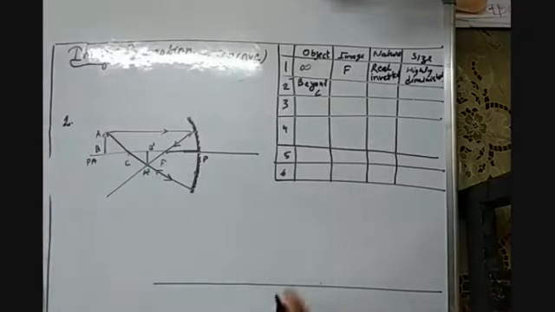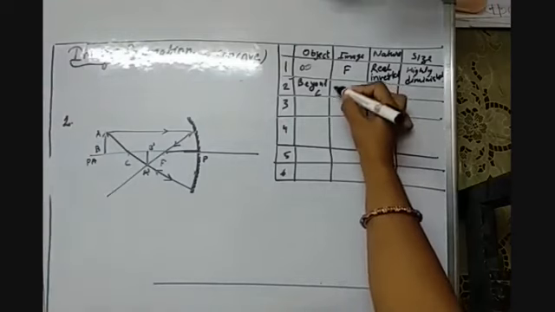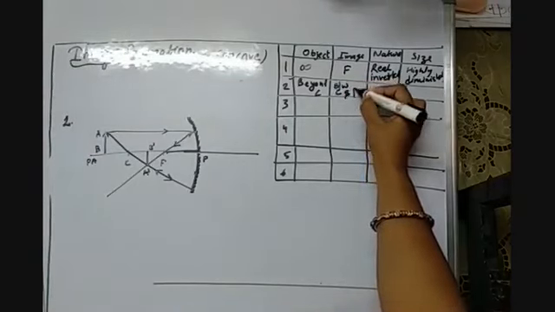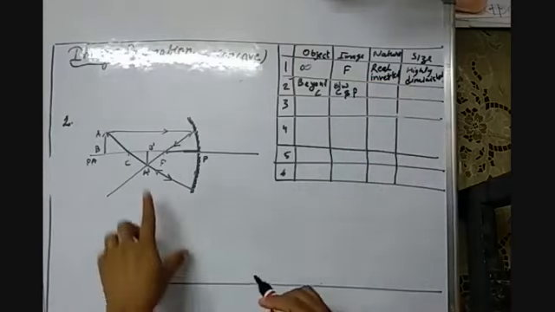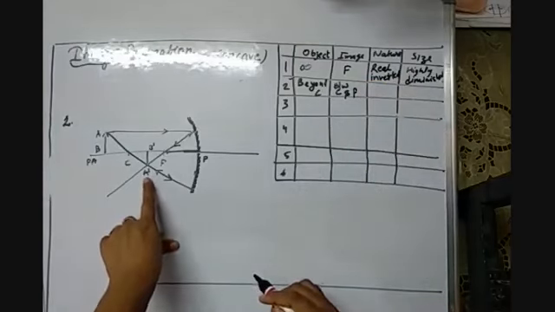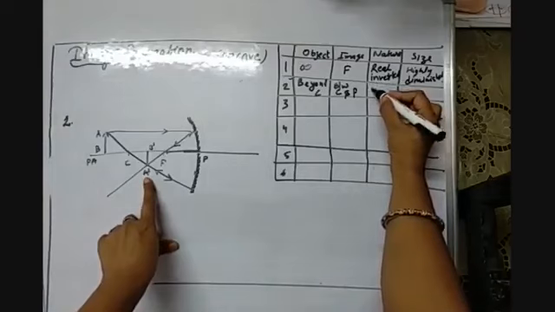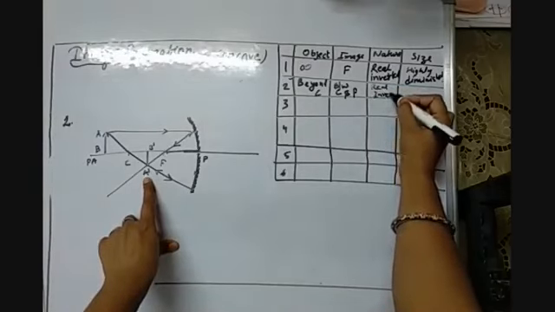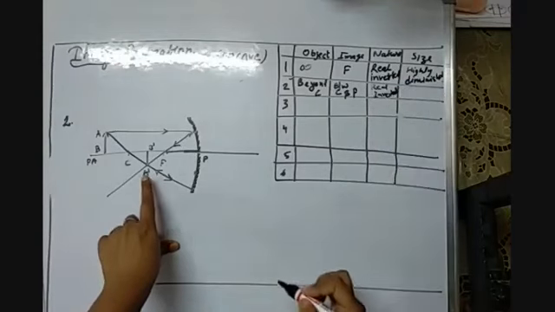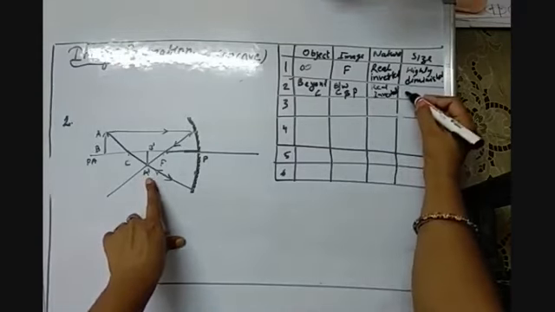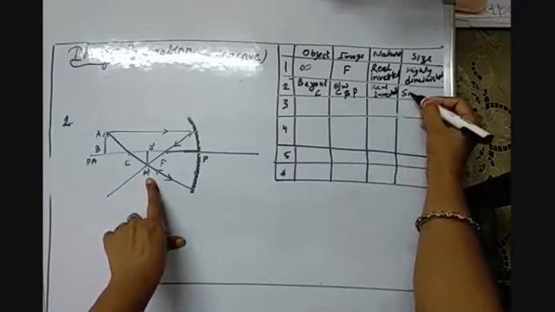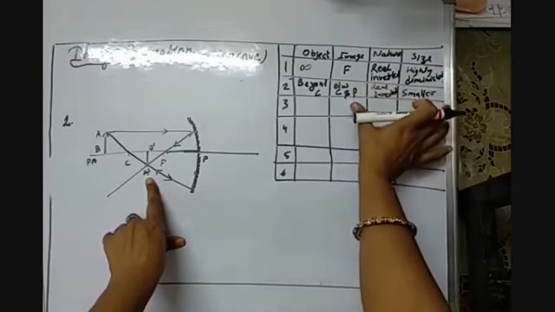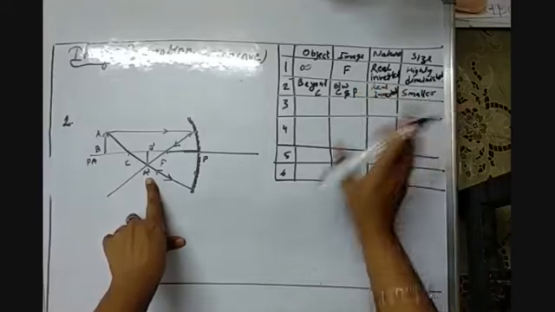So the position of the image is between C and F. You can find that it is inverted and real, and comparatively diminished or smaller than the object. These are the three characteristics of any image that you have to tell.